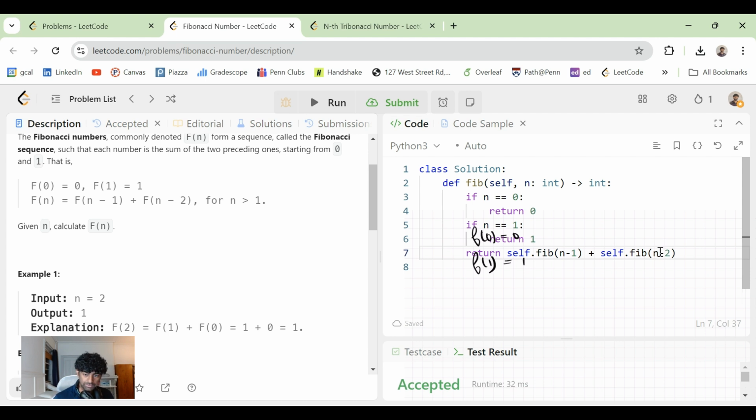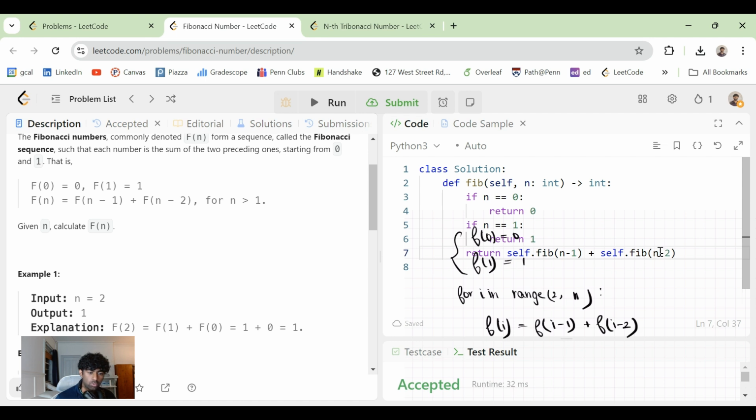And once we have f of 0 and f of 1 defined, we simply call a for loop, for i in range 2 to n, and fill up f of i to be f of i minus 1 plus f of i minus 2.